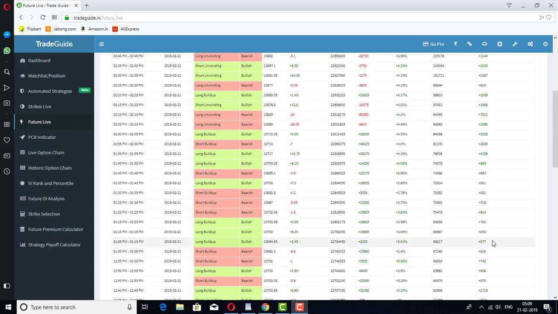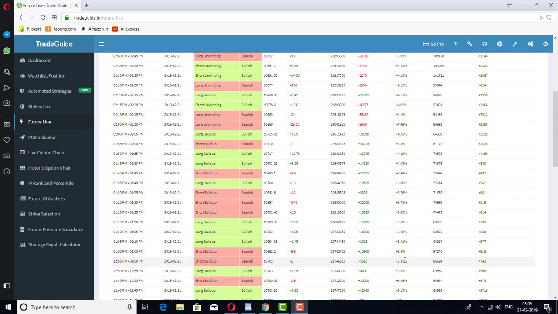Now we move on to short build-up. Short build-up is generally when we have a bearish view of the market and have created short positions. We are betting on the downward movement of the market and creating a short position, short selling. At that time, we initiate a bearish position and therefore create a bearish trend in the market.